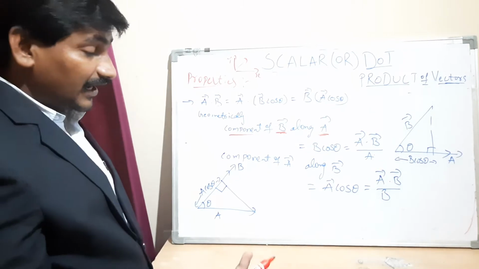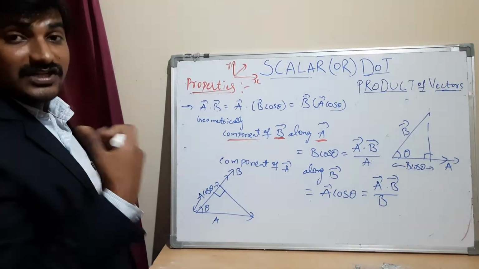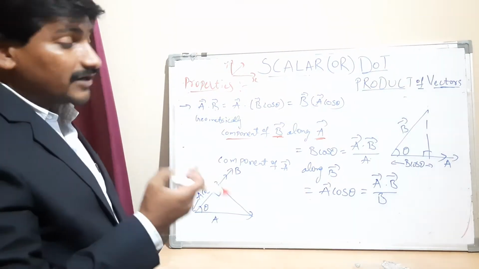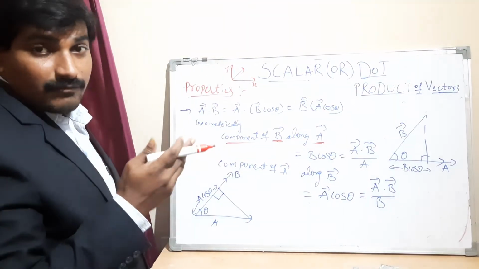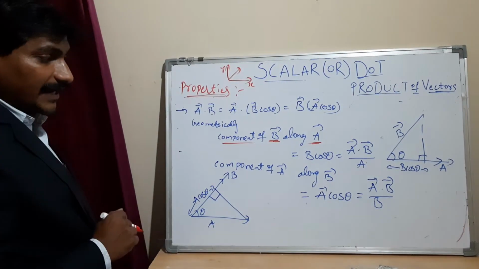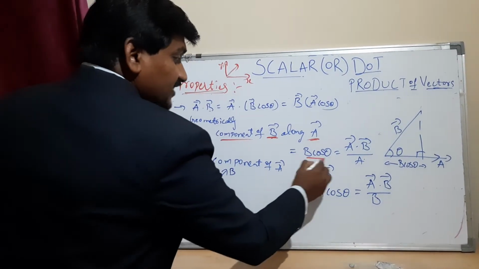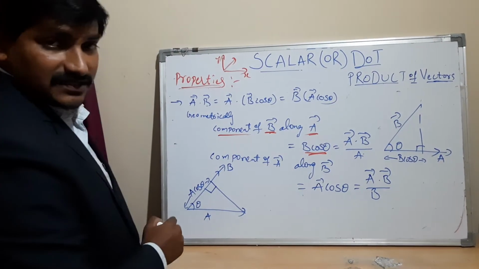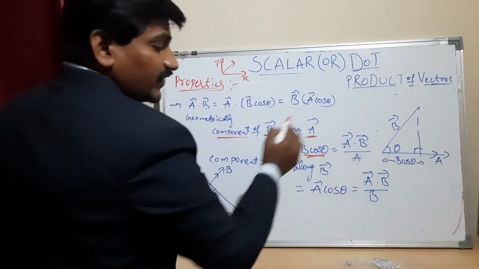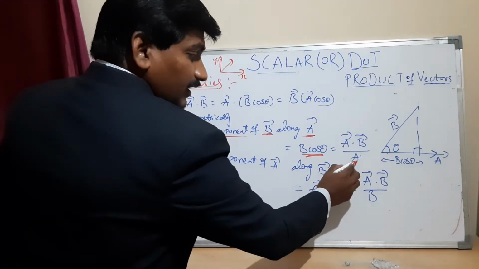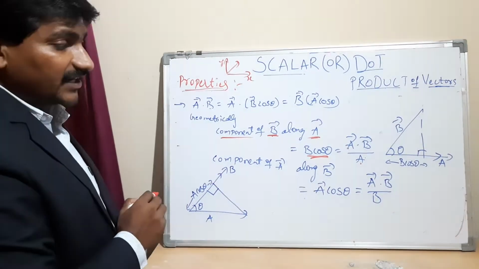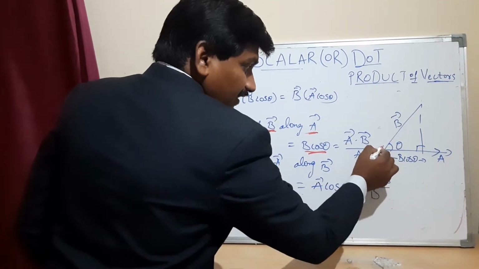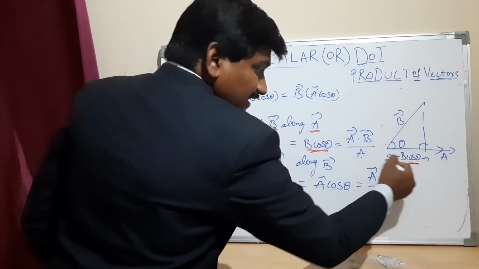In terms of A. Then, as we just discussed, theta equals cos inverse of A dot B by modulus of A into B. From that I write the projection in the direction of B cos theta as the product of two vectors by the modulus in the direction of vector A. B is a vector here, and the B component is B cos theta.